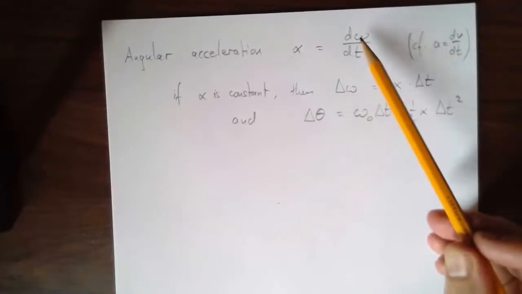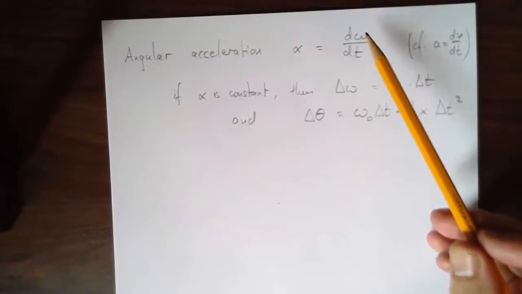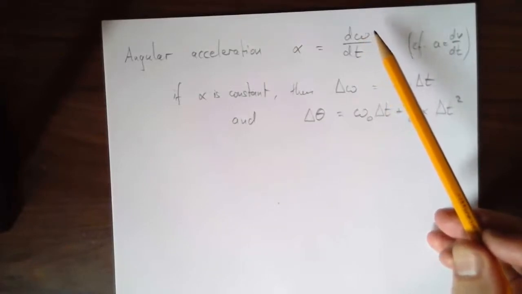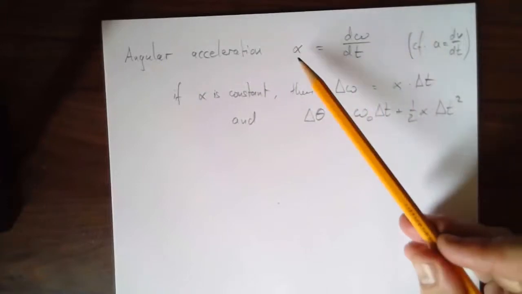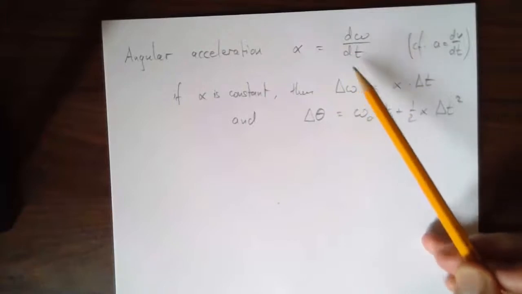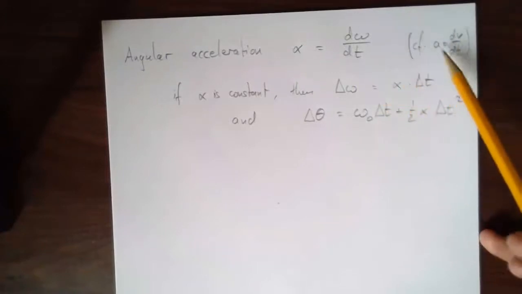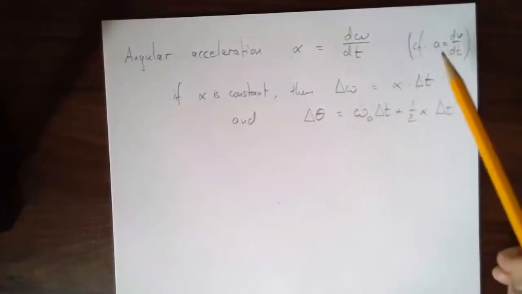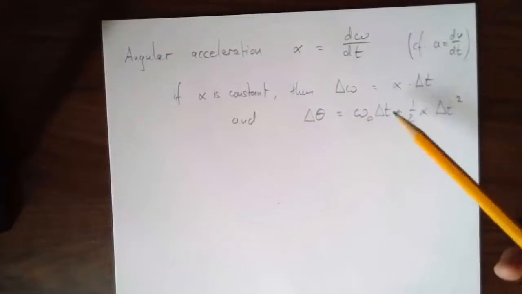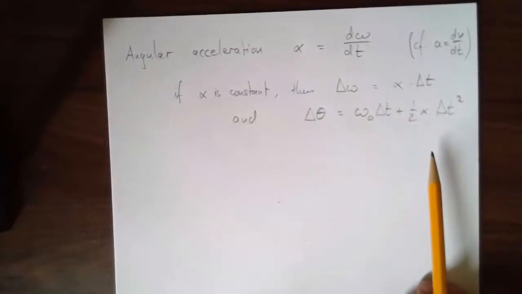Omega is defined as the time derivative of angle, the same way v was defined as the time derivative of x. Alpha is defined as the time derivative of omega, the same way a is defined as the time derivative of v. So any result that held for those mathematically holds for this one too. Of course, it has a different meaning, but it still holds.